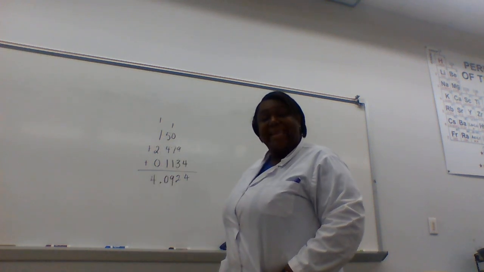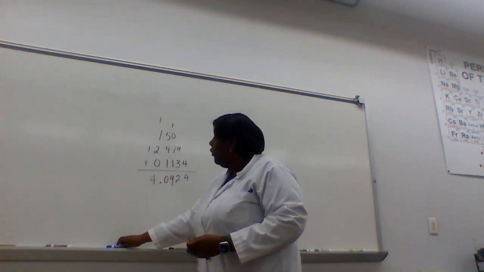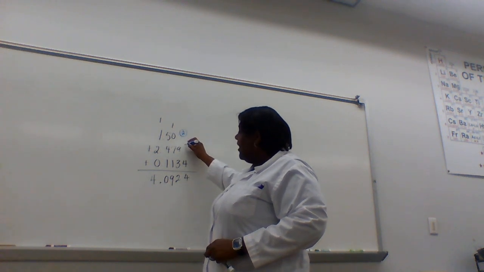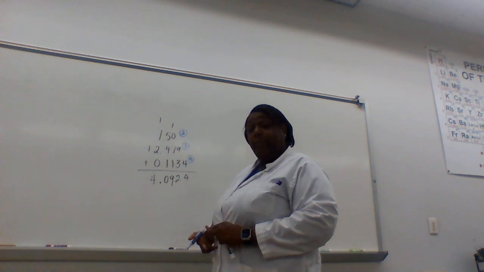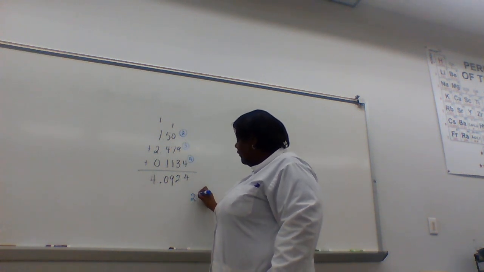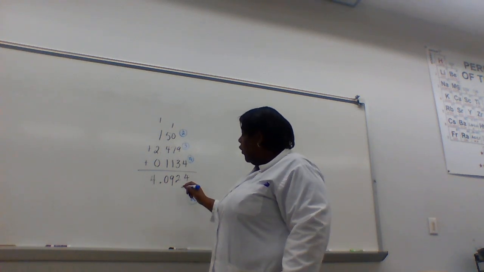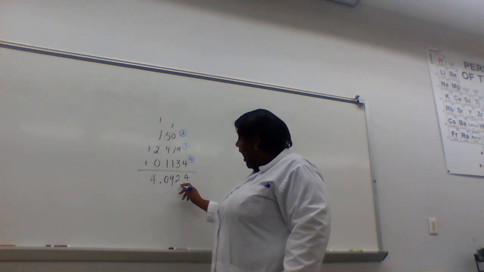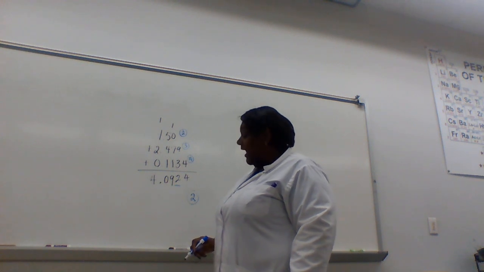All right, so when I give the answer for this, notice this first number had 2 places after the decimal. This one had 3 places after the decimal, and that one has 4 places after the decimal. So my answer can only have 2 places after the decimal. So I count my 2 places after the decimal, and I look at the number immediately to the right of that second place.